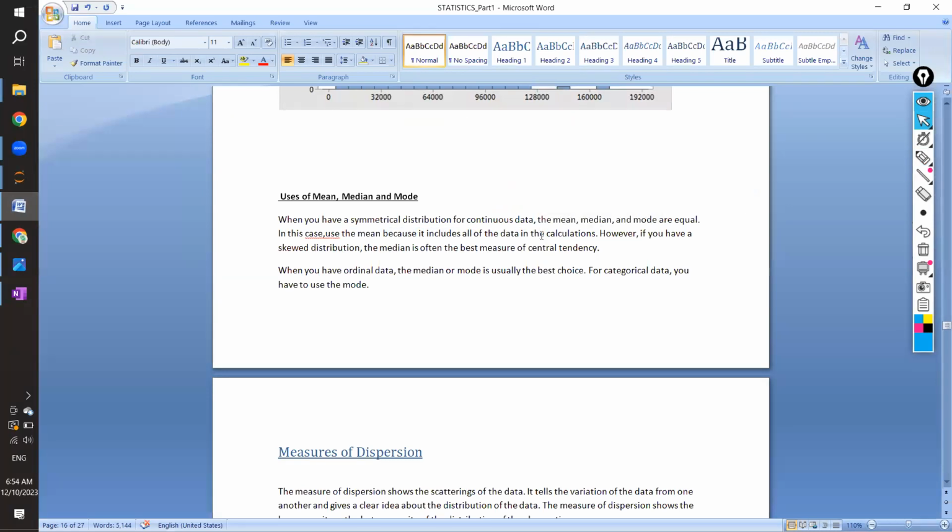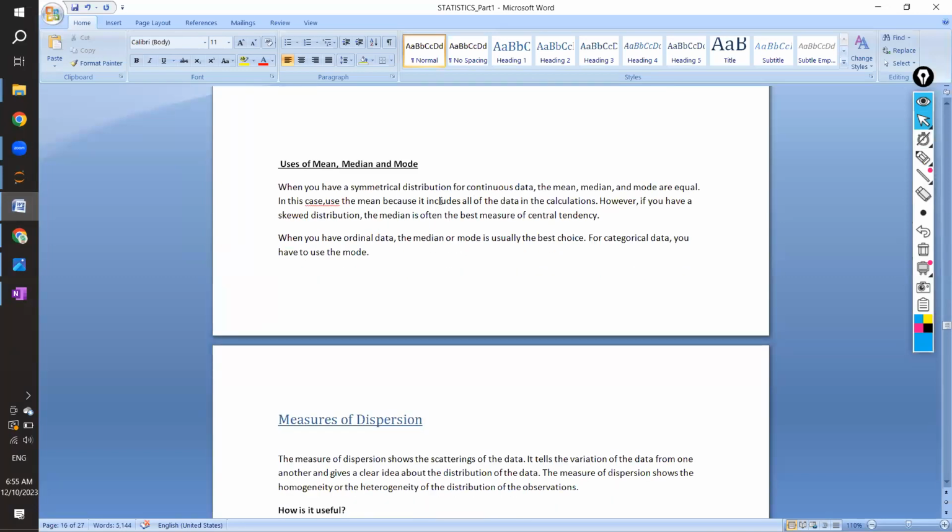This is a plus point, and if the data is skewed, this will become a minus point, because it will consider outliers also in these calculations, and that will result in it shifting from the actual position. So that's why if it is symmetrical, go for the mean. If it is a skewed distribution, try to go for the median. Now, when you have ordinal data, the median and mode are usually the best choice. For categorical data, you can go for the mode.